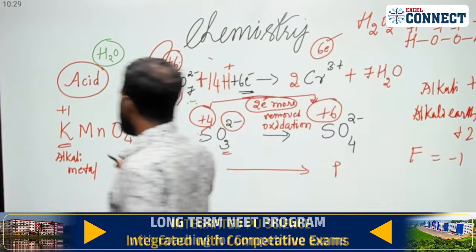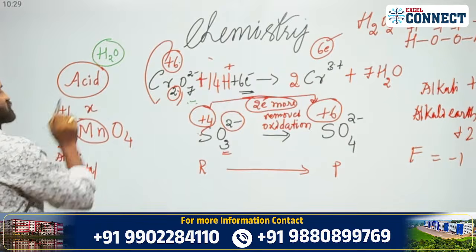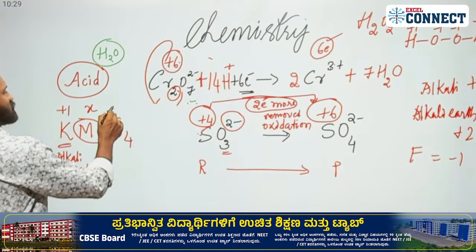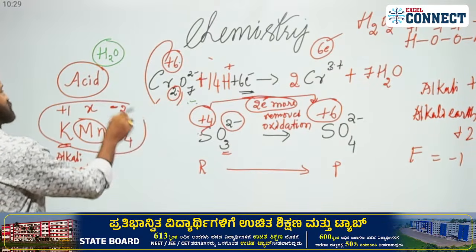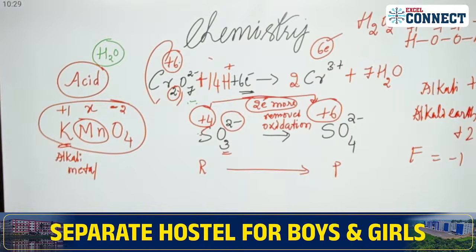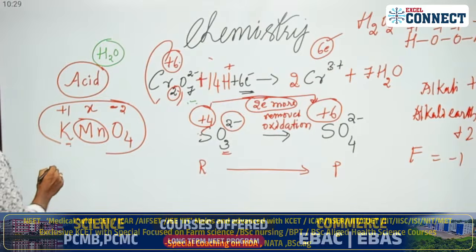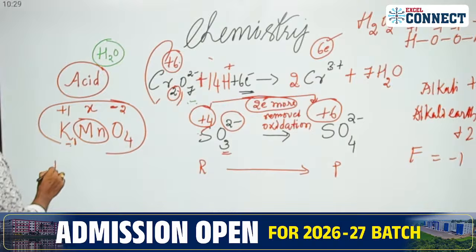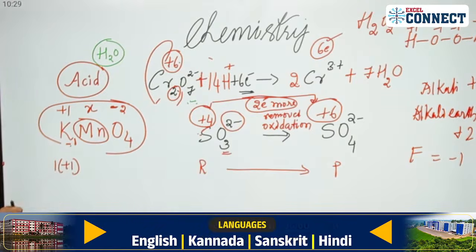Okay. Now we don't know the oxidation state of manganese. Manganese has no fixed oxidation state. That will be taken as X. But oxygen's oxidation state is -2. Now I have to find the oxidation state of manganese. Here only one potassium is there, so 1 times +1, oxidation state already given.